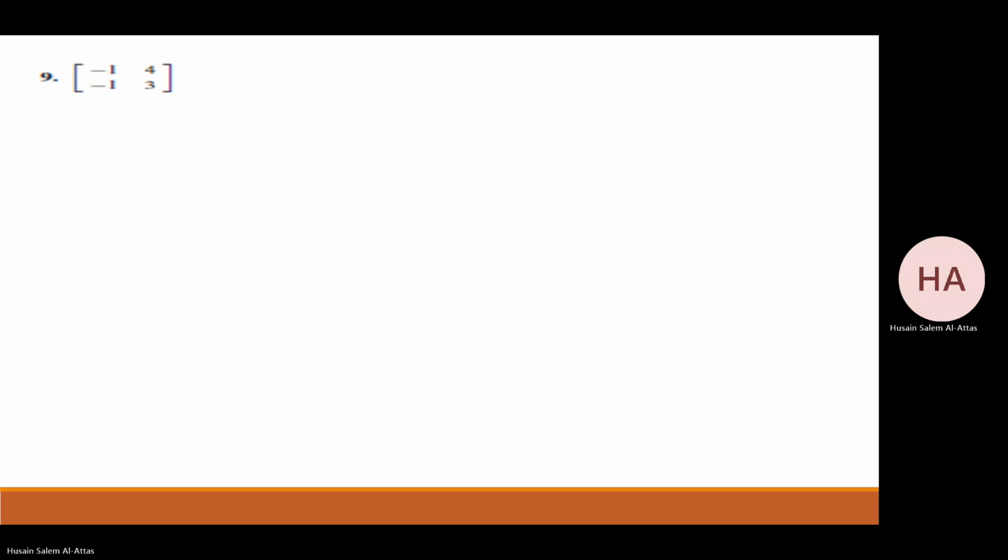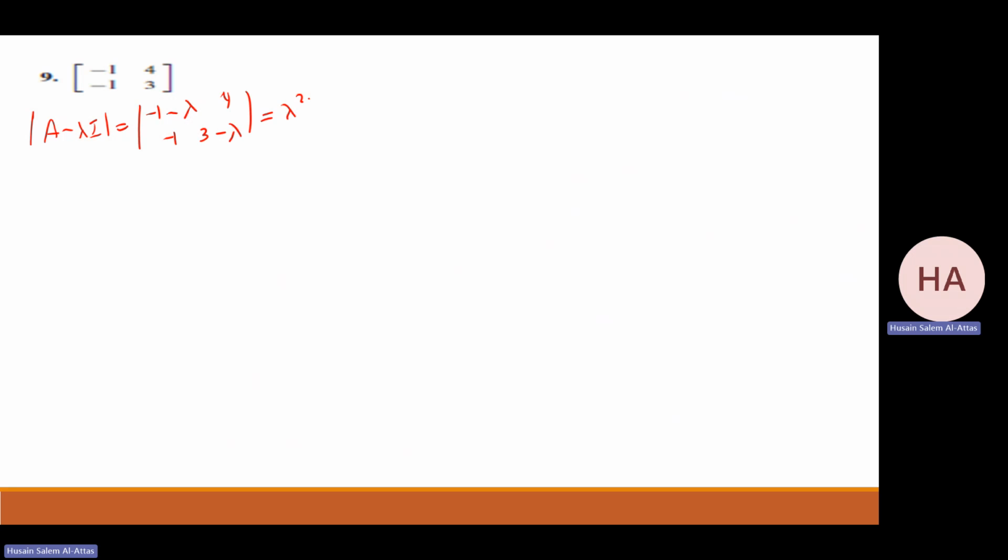Number 9. Okay, we'll find A minus lambda I: minus 1 minus lambda, 4, minus 1, 3 minus lambda.